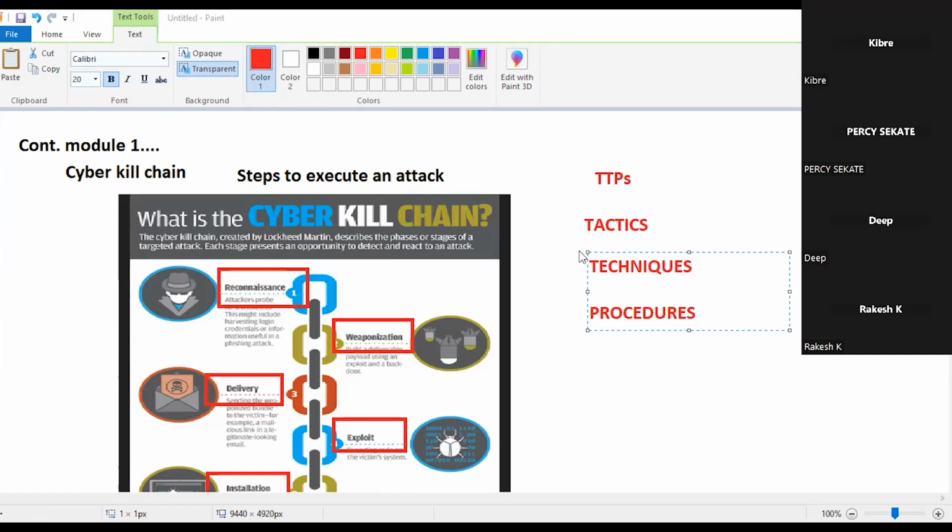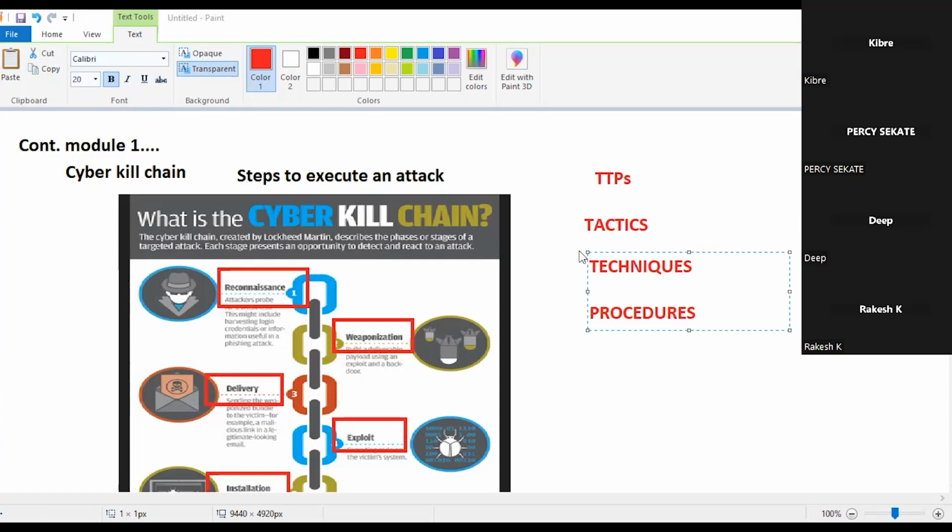So now, tactic is nothing but a technique, it is known as technique. But here in tactics, we decide the strategies and planning of the attack, how the attack will be executed, how the attack is going to take place. The pre-planning, you could say pre-attack. Then comes the technique.